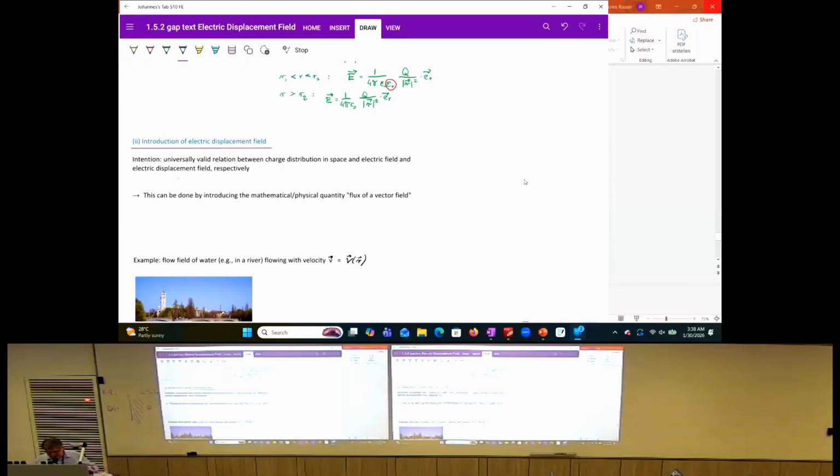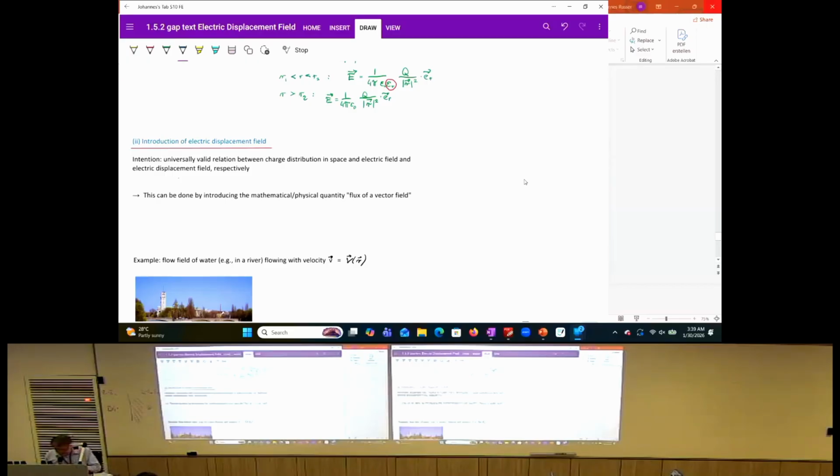And this we achieve by looking at the flux of the vector field. So the flux is basically what is penetrating through the surface area.